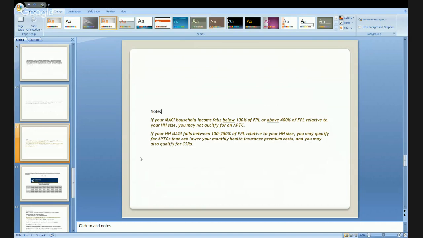And you may also qualify for cost sharing reductions. We will go over in other tutorials what cost sharing reductions mean to the consumer. But today we're going to be focused again on advanced premium tax credits.